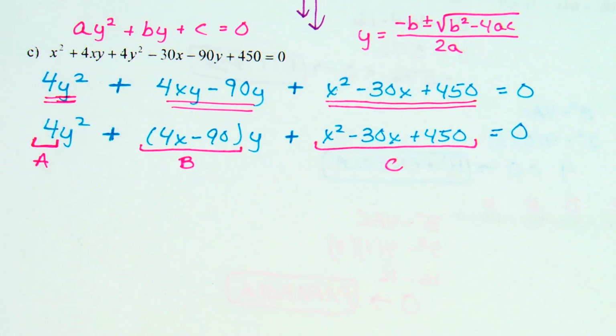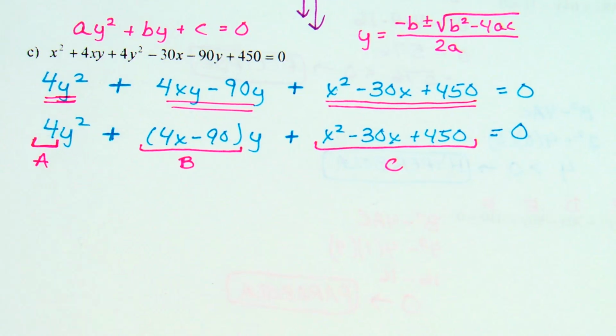Okay, negative 4x plus 90, plus or minus, I need some help here. Under that radical, 4x minus 90 quantity squared. Can you guys do that in your heads? If you're doing 4x minus 90 quantity squared, you are boiling.